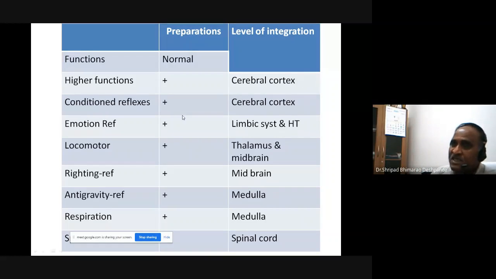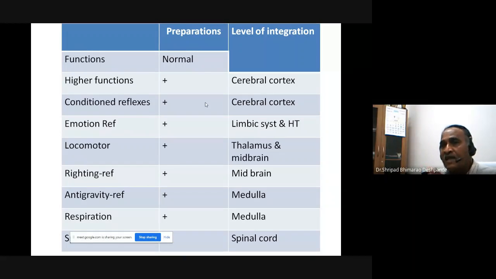Then comes the next component, the conditioned reflexes. Conditioned reflexes are those reflexes which are not there in the beginning, but get established in due course of time when we pair unconditioned reflexes with some conditions. You already know that the ringing of a bell and the presentation of meat by Pavlov led to this conditioning.